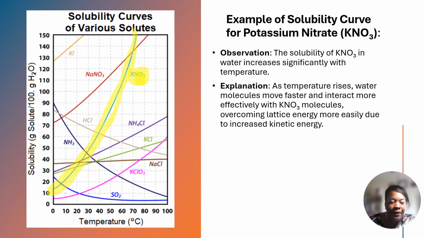Look at the bottom, where your temperature is, from 0 to 100 degrees Celsius. The solubility is on the y-axis, where you see the grams of the solute per grams of water, okay? So notice those numbers increase. If we start at about 10 degrees Celsius, as we increase the temperature, the solubility also increases, okay?